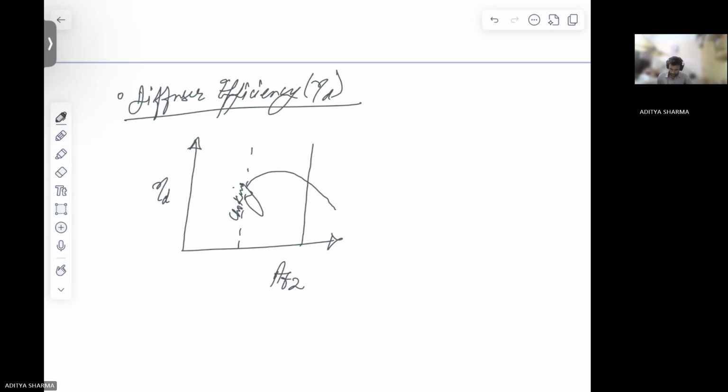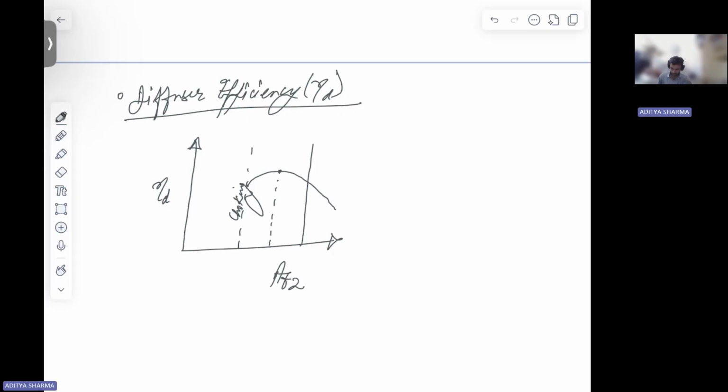Your maximum efficiency will be at this point. If the area of the second throat of the diffuser is decreased further, this will lead to a further decrease in your efficiency.